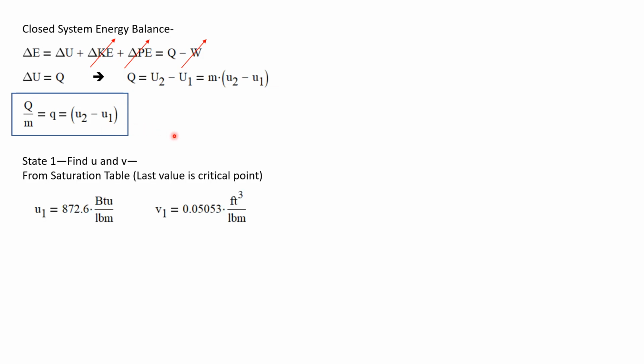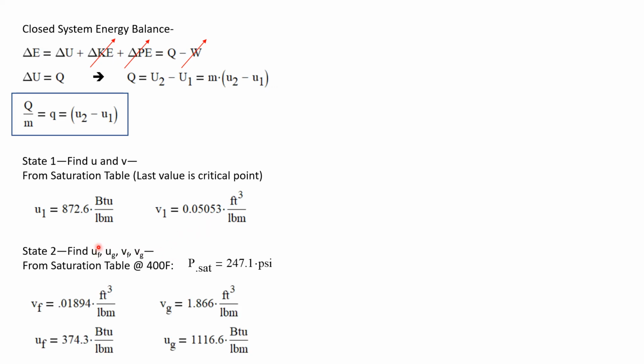Let's find u and v for state 1. And again, from the saturation table, we'll go to the last point in the table, which is the critical point. And we grab the values out of the table. We see that u1 is 872.6 BTUs per pound mass, and v1 is 0.05053 cubic feet per pound mass. Now let's find some values for state 2.